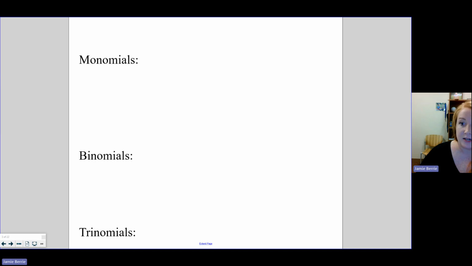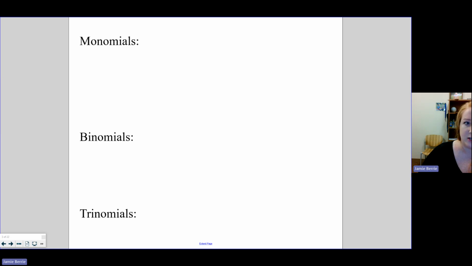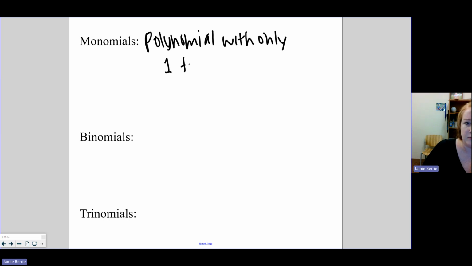Here's a couple of those things, naturally. It comes right up. So monomials, binomials, and trinomials, really basic and straightforward here. Mono means one. So this is a polynomial with only one term.